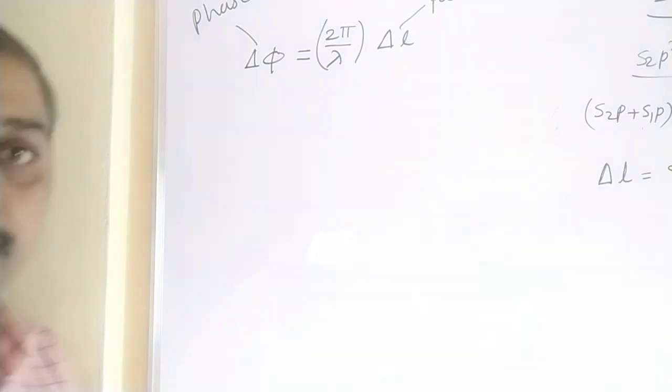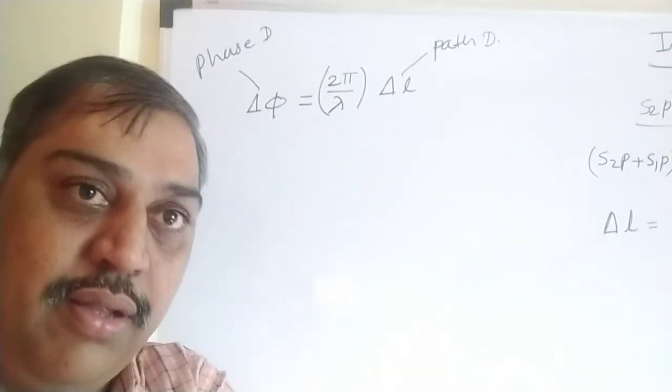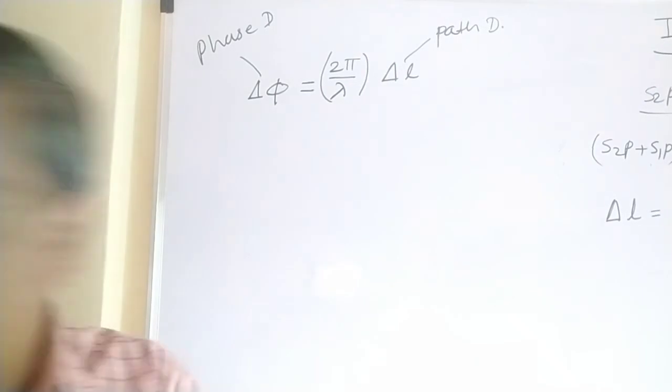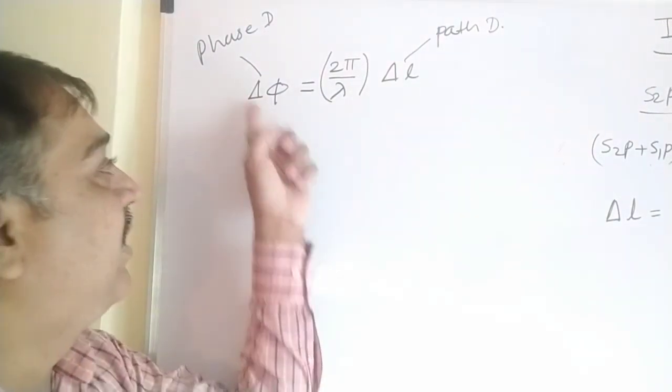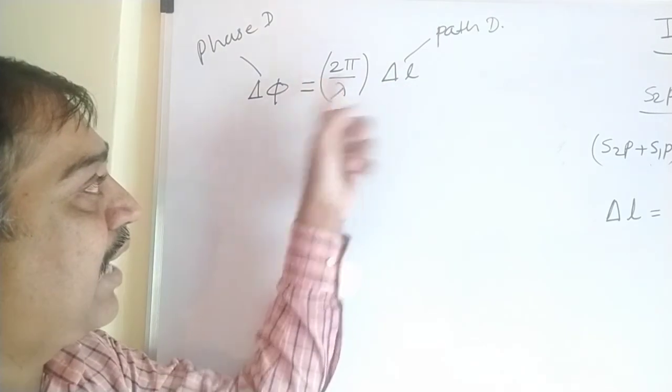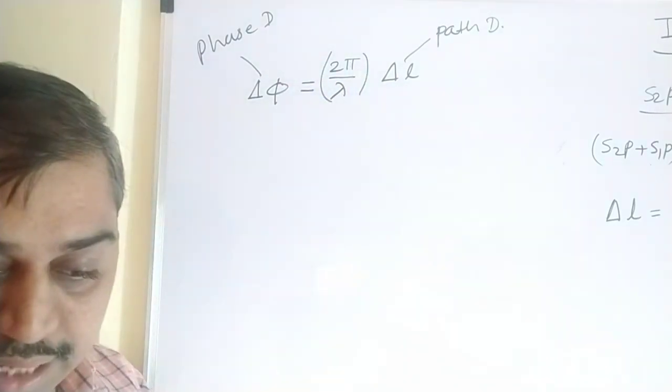So this is the relation between phase difference and path difference, related by the factor 2 pi by lambda.